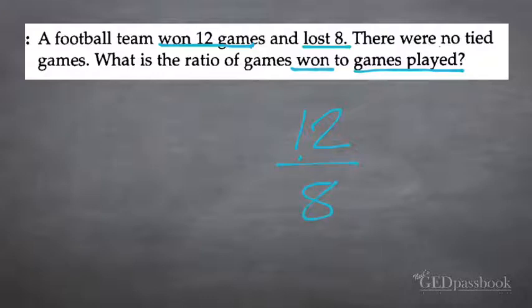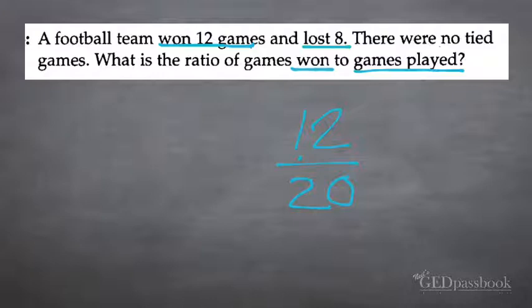They see numbers and they assume, oh, I'm just going to put it. But that's not the case. What do we have to do? We have to add the 12 and the 8 to create 20. So this is an example of how you are going to have to do some extra steps sometimes leading up to writing out your final ratio.